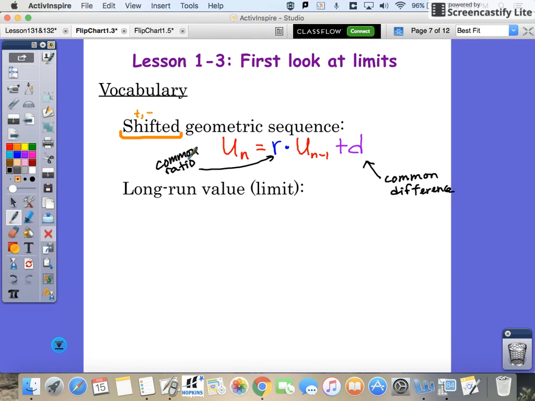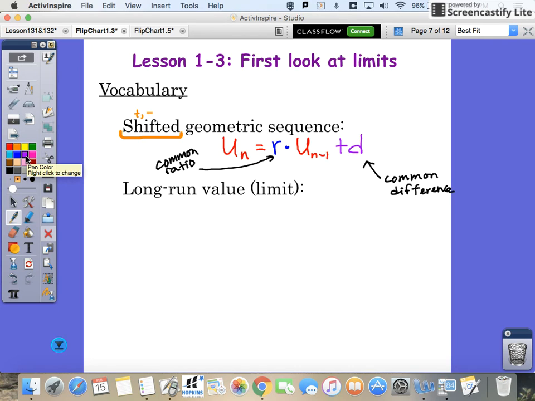Basically, we're looking at a combination of the two types of sequences we had. Previously, we had a geometric sequence or an arithmetic sequence. Now, if you put both of them together, where you multiply and you add, we have a shifted geometric sequence.